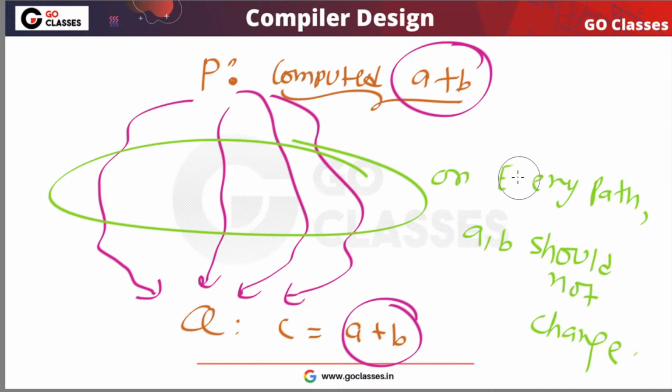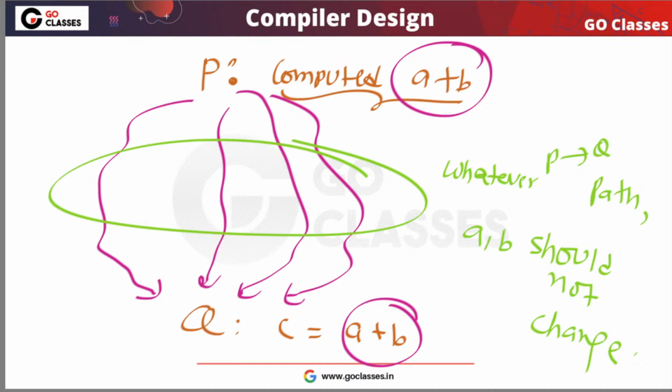Whatever path you take, whatever p to q path you take, this a comma b should not change.